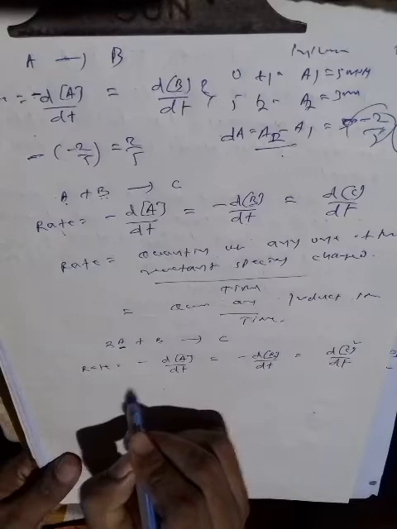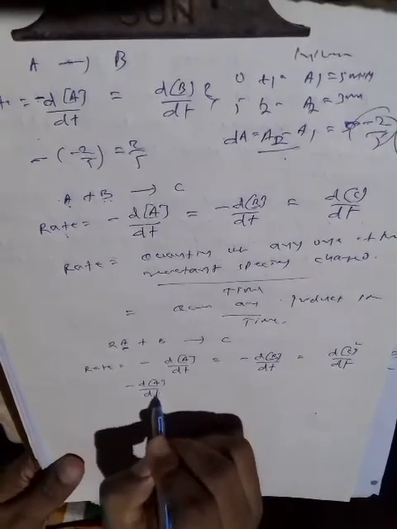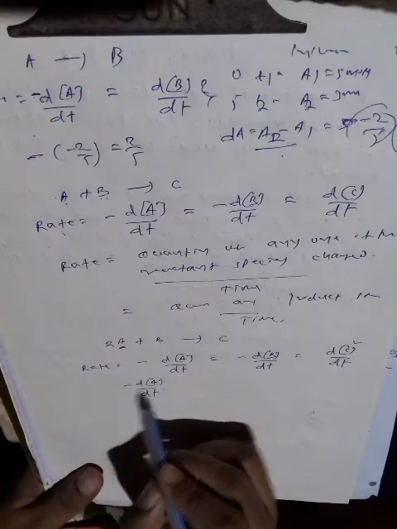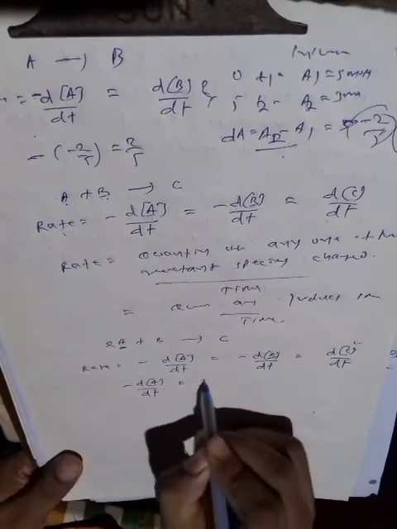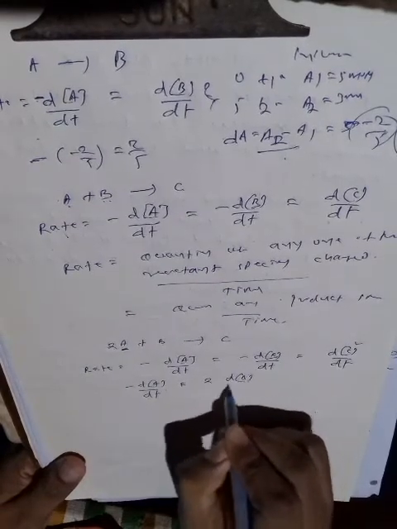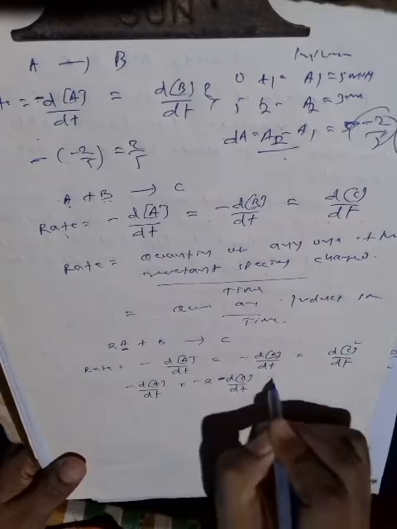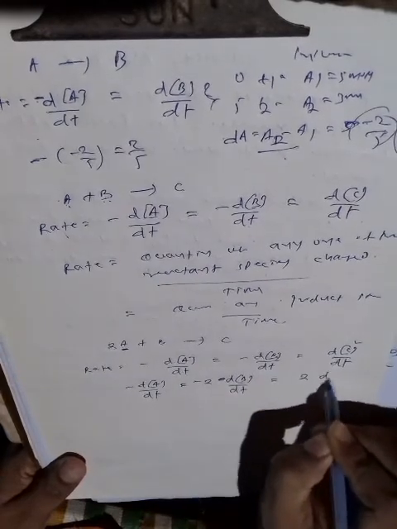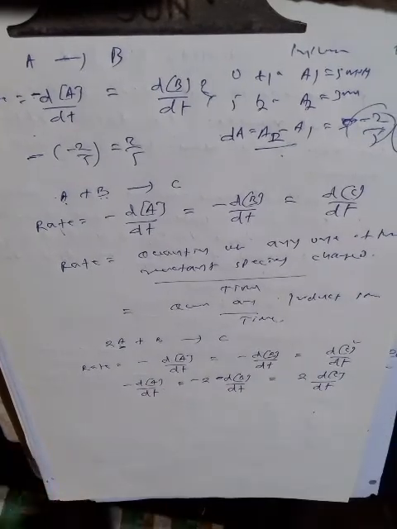We can write here: minus dA by dt, the rate of disappearance of A, it has disappeared so a negative sign is given, is twice the rate of disappearance of B. Got the point? Or twice the rate of formation of C. Got the point?